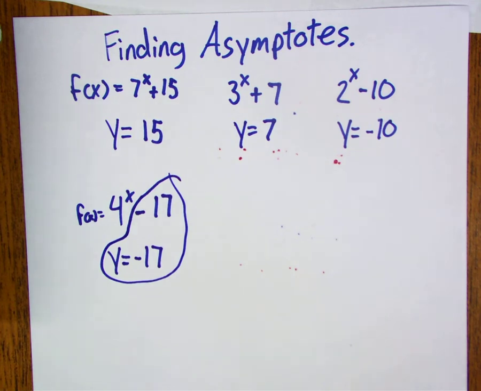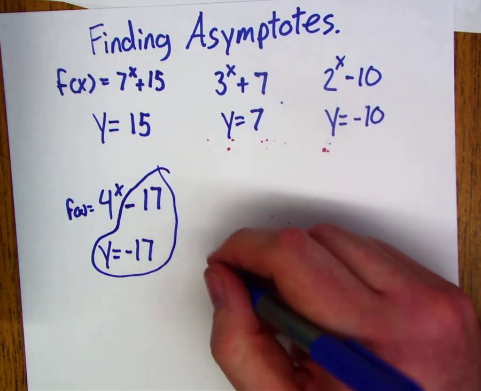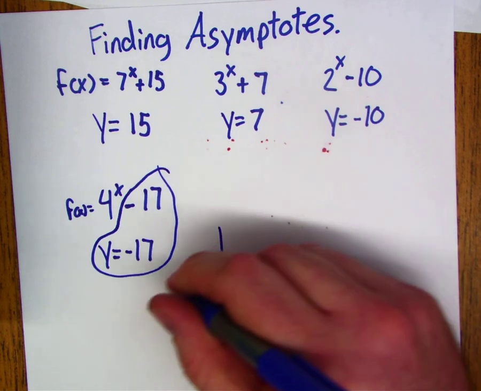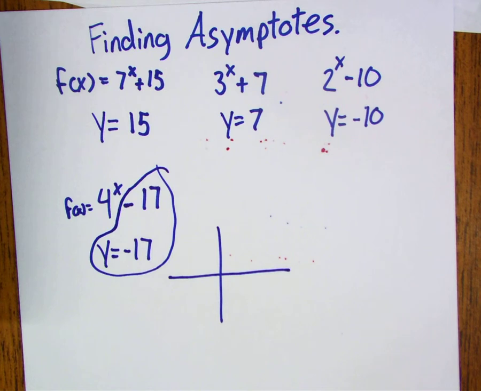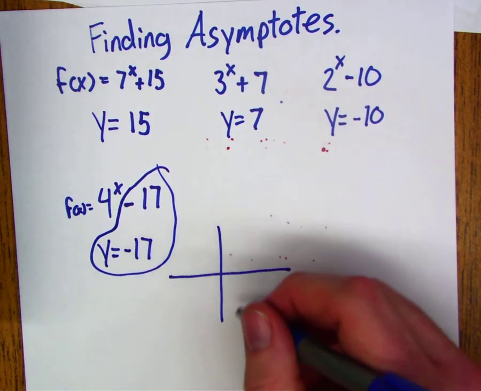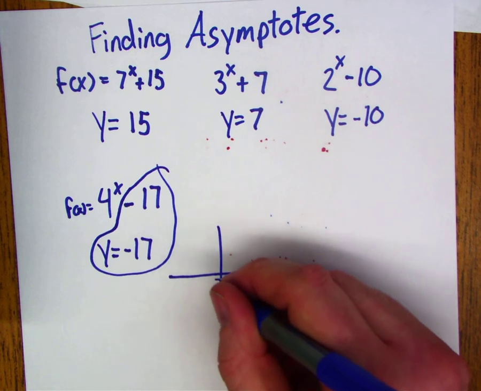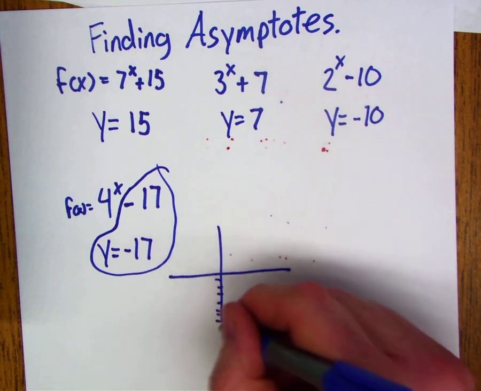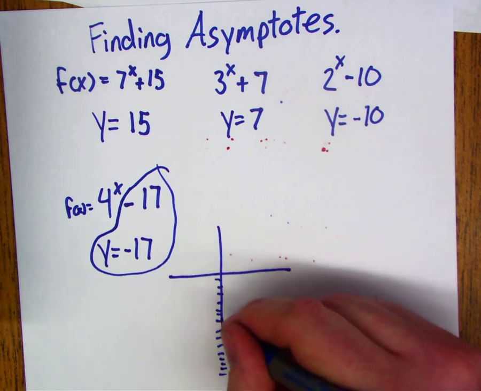The reason this is going to be important is when you start graphing, you'll have your grids that you get to work with. You're going to have some line. Remember, y equals negative 17. That means we go all the way down 17 marks.